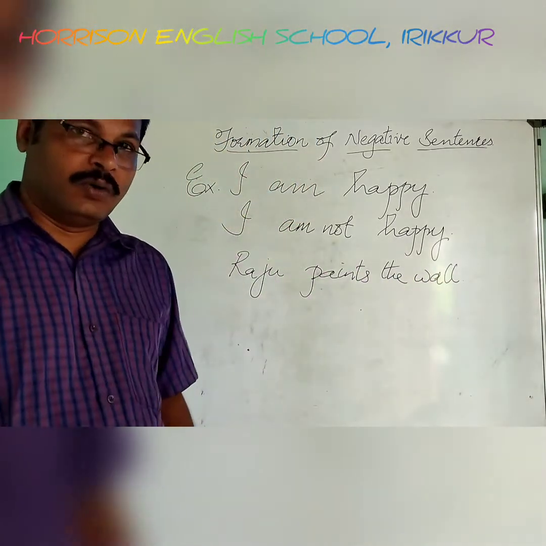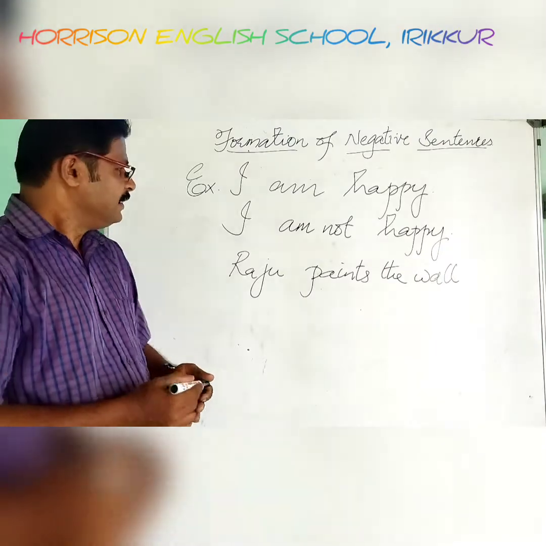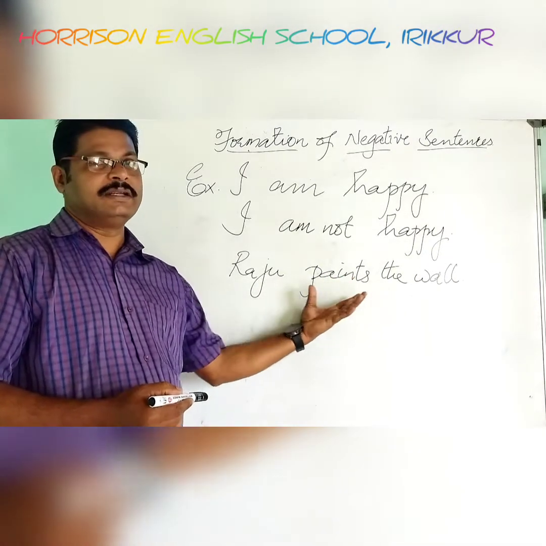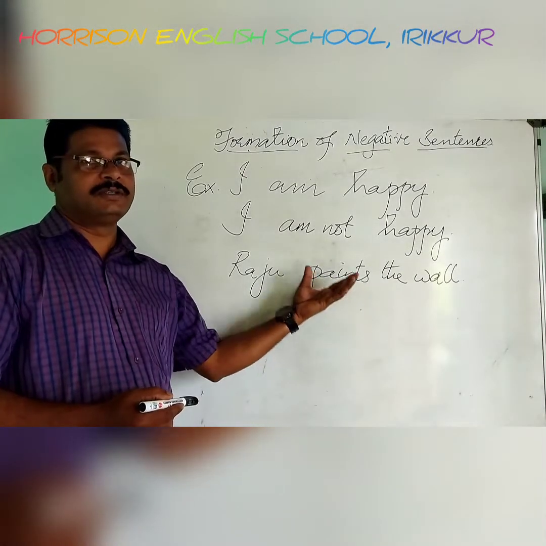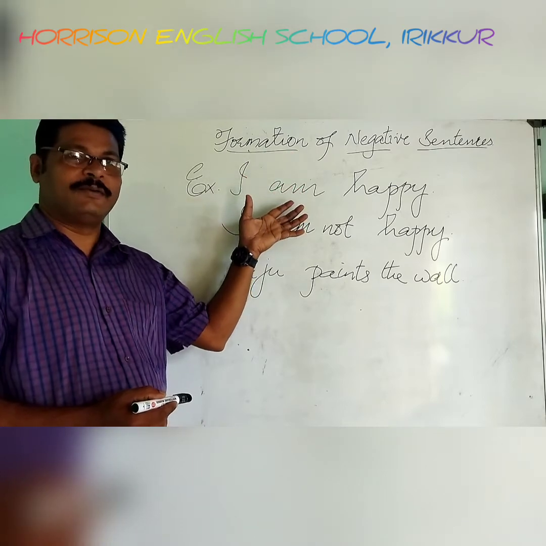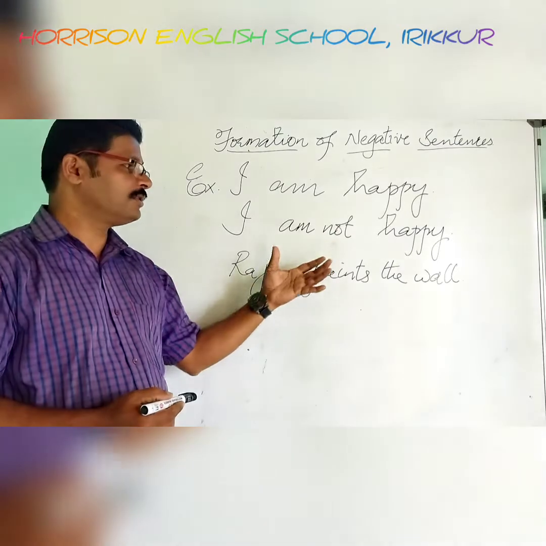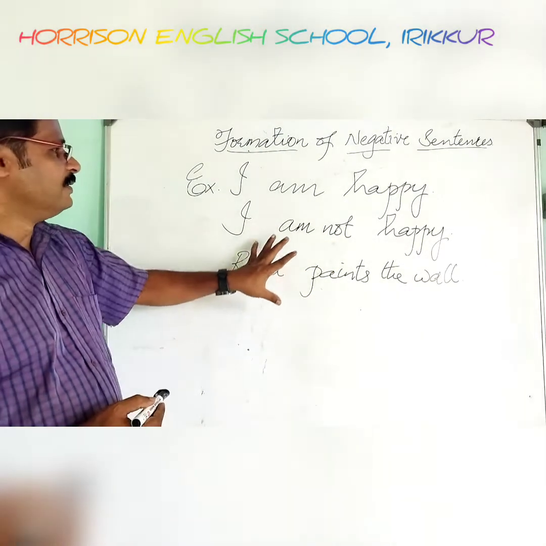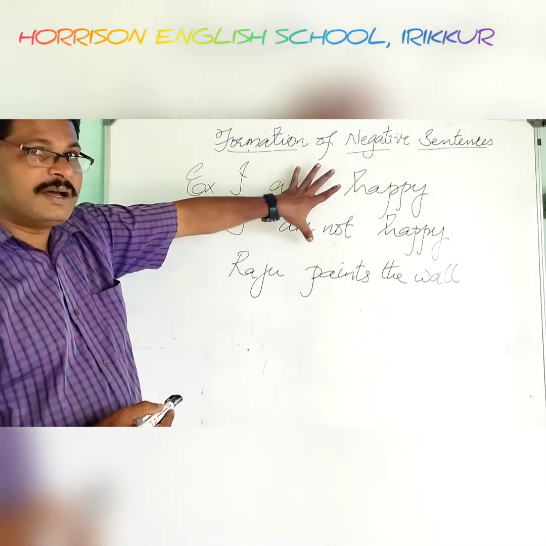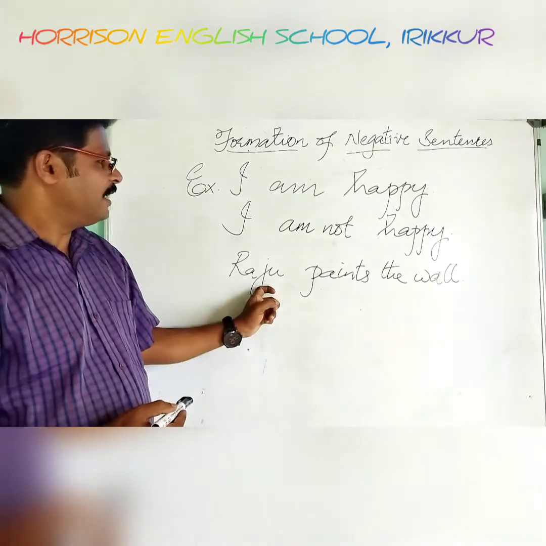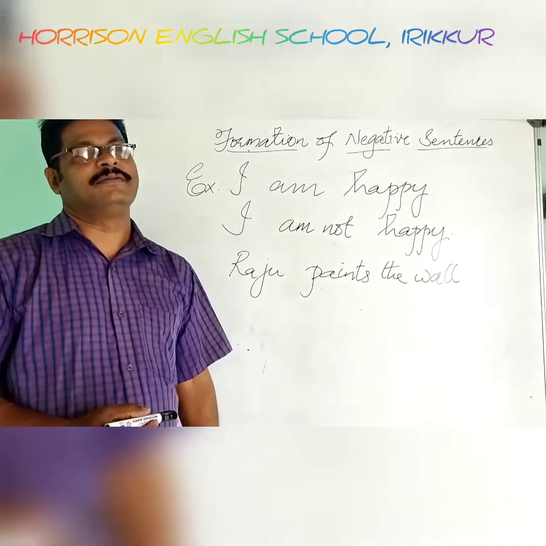See, is there an auxiliary verb in the sentence? We know the auxiliary verbs: is, am, are, was, were, do, does, did, have, has, had, will, would, shall, should, can, could, may, might, must, need, dare, or used to. 24 auxiliary verbs. So we don't see is, am, are, was, were, do, does, did, have, has, had in this sentence.